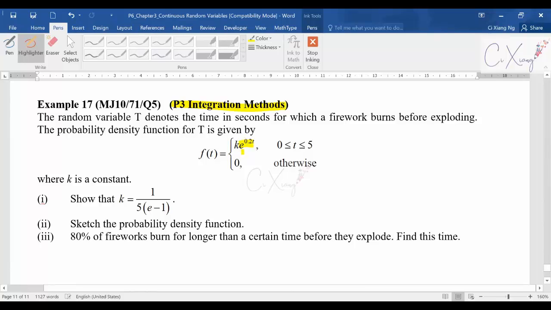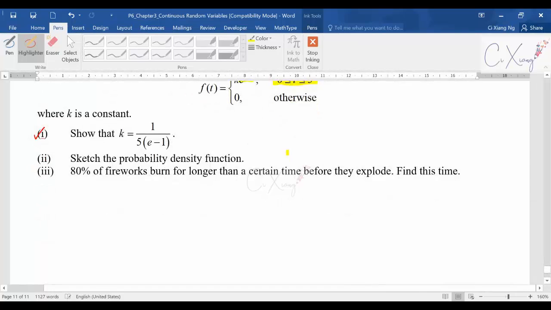And when you learn it in paper 3, in your integration chapter, then please pay attention to this. Okay, so first, they give you a function like this. They want you to show that k equals 1 over 5 e minus 1. And here the domain given is from 0 until 5.